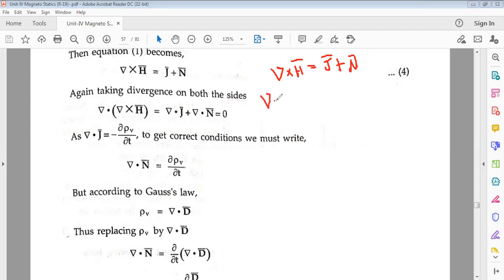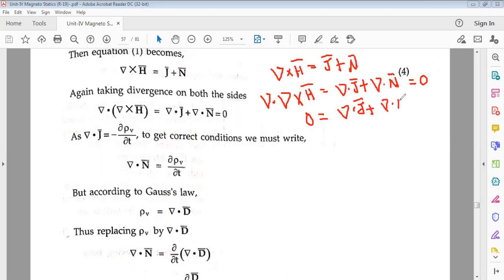Again, you can apply the divergence on both sides. So del dot del cross H bar is equal to del dot J bar plus del dot N bar, according to the distributive law. The property says that the divergence of the curl is always 0. So 0 is equal to del dot J bar plus del dot N bar.